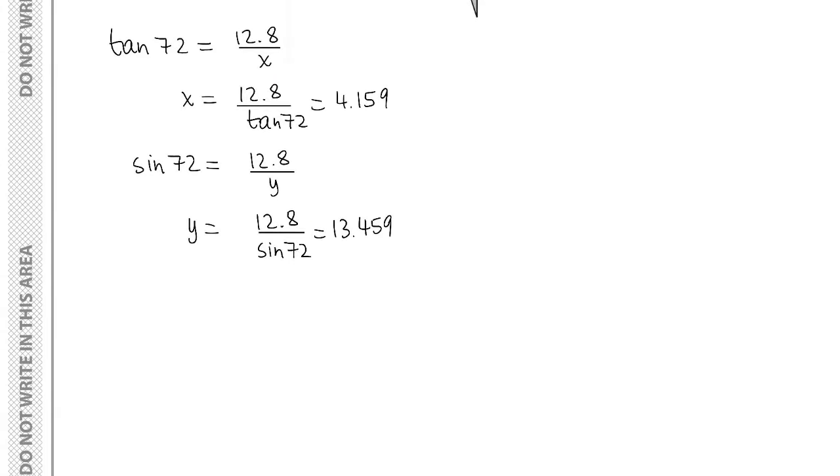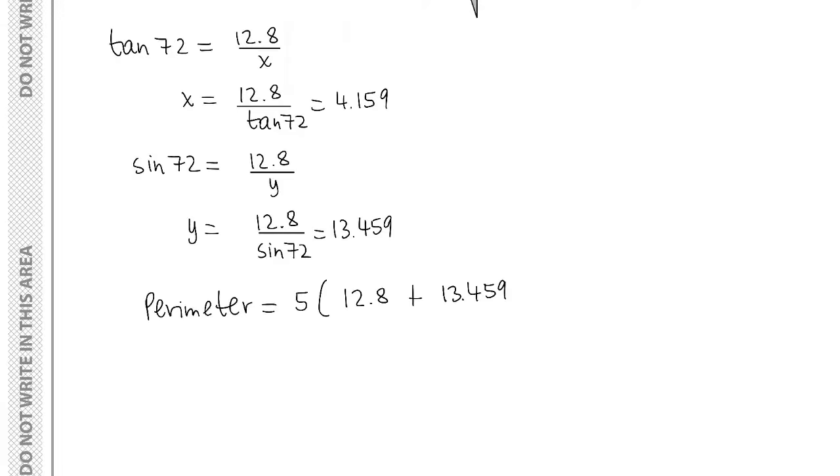So the perimeter will simply be 5 times 12.8 plus 13.459 minus 4.159. Please do note that I'm using full accuracy here to avoid any premature rounding errors.